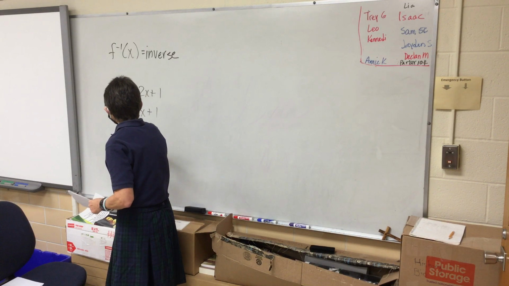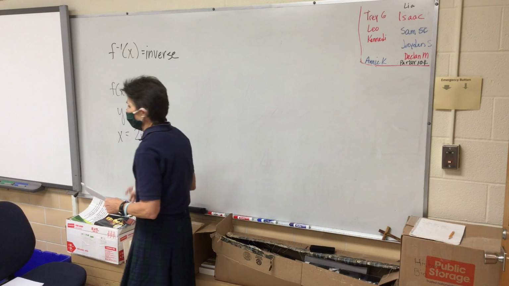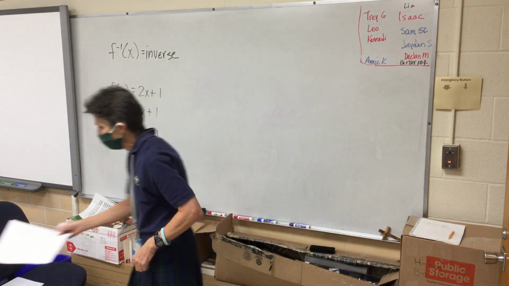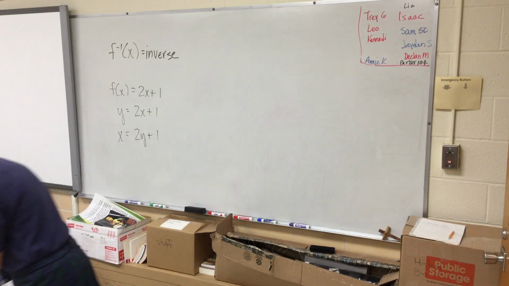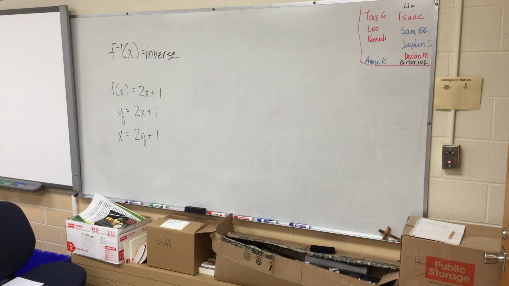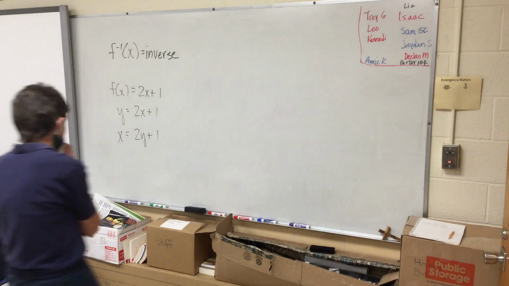So x equals 2y plus 1. Yes, that's kind of a magic step, but it's what we're going to do. We're going to switch our variables. Now we're going to get y by itself.